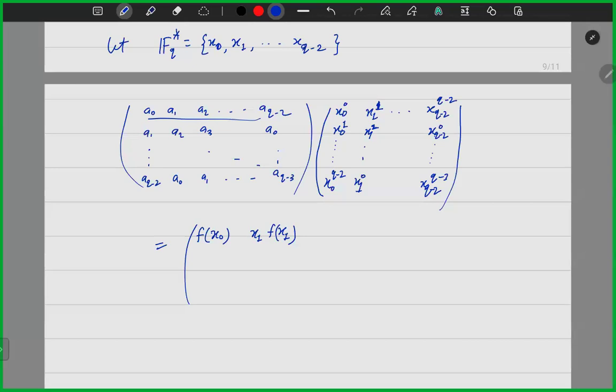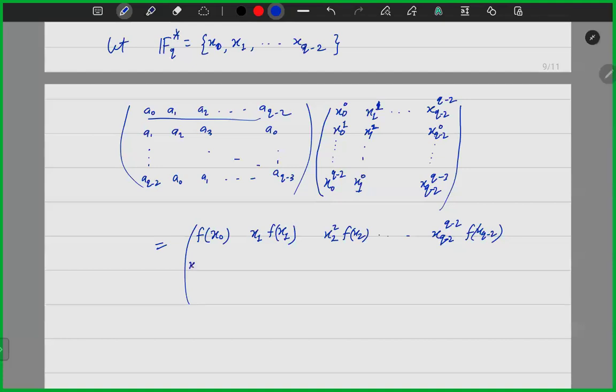Just check it. And in the second, if you take X2 common out there, it just becomes F(X2), and so on. In the last, if you take X(Q-2) common, F(X(Q-2)), it becomes something like this.